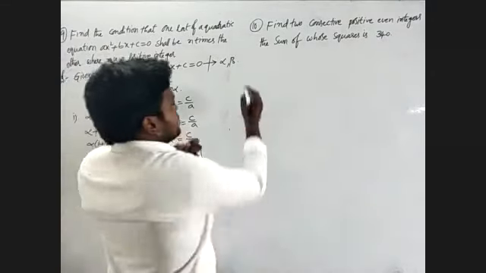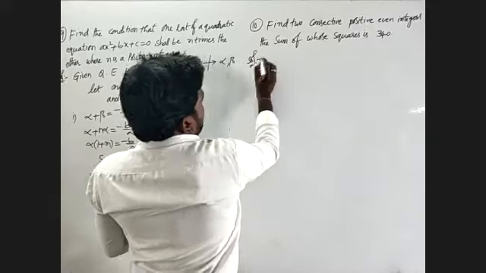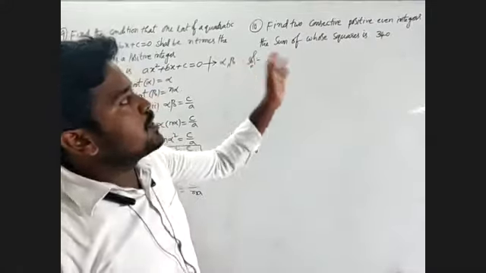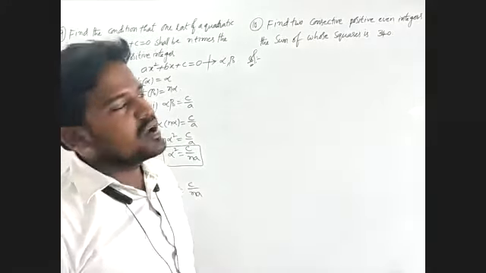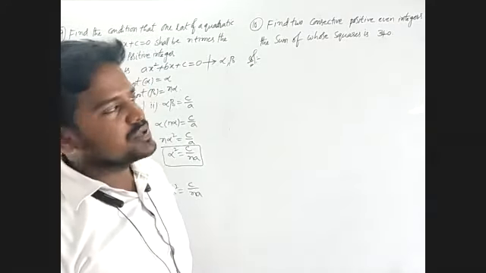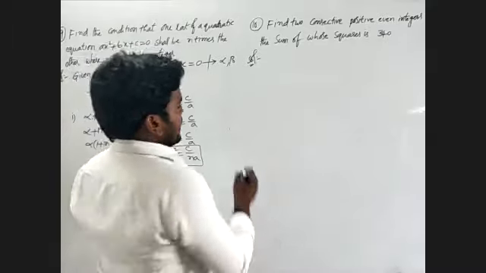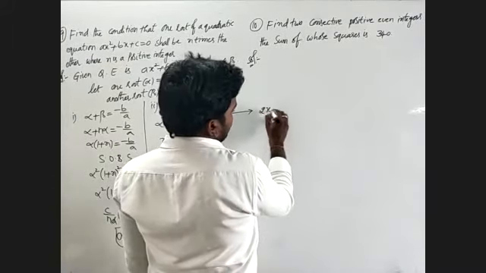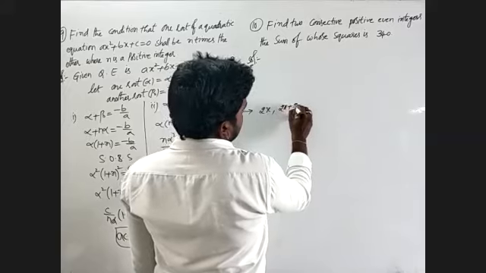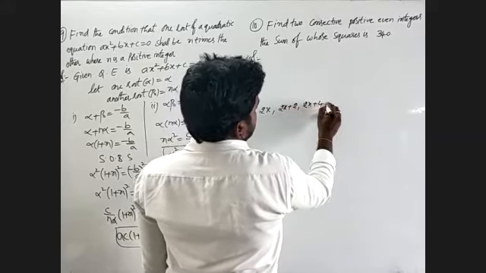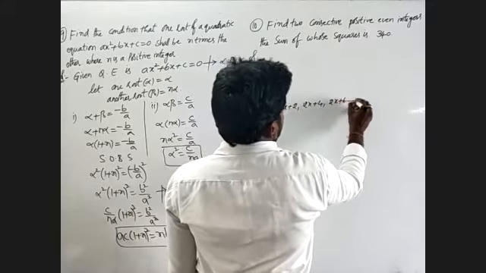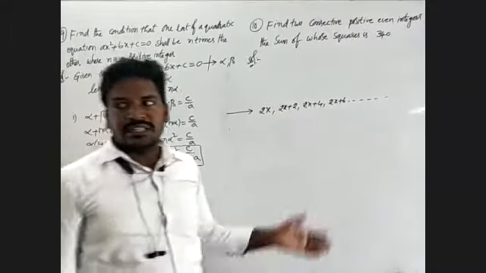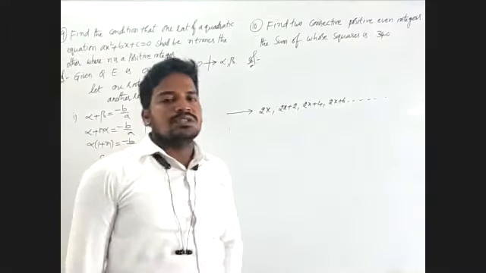Observe in this one. We noted them in the previous class: what are consecutive positive even integers and what are consecutive positive odd integers? When it is of the form 2x, 2x plus 2, 2x plus 4, 2x plus 6 and so on, they are consecutive positive even integers.